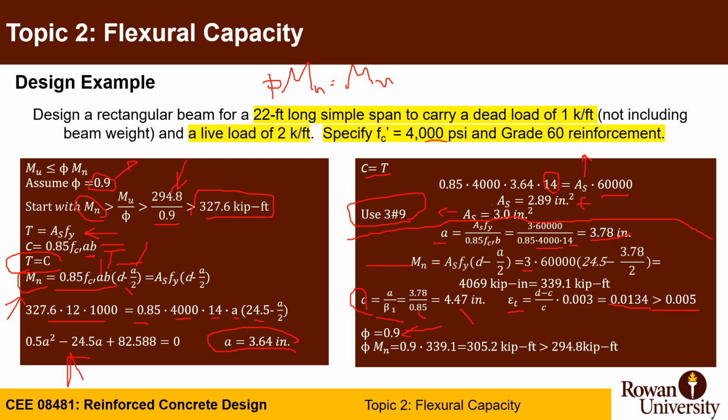As is 3 square inches, F yield is 60,000 psi, D is 24.5, A is just calculated at 3.78, divided by 2. This gives you a moment of 339.1. If you multiply this number by 0.9, which is the phi value, you get 305.2, which is more than M ultimate from loads, which is 294.8, which we just calculated in the previous slide.